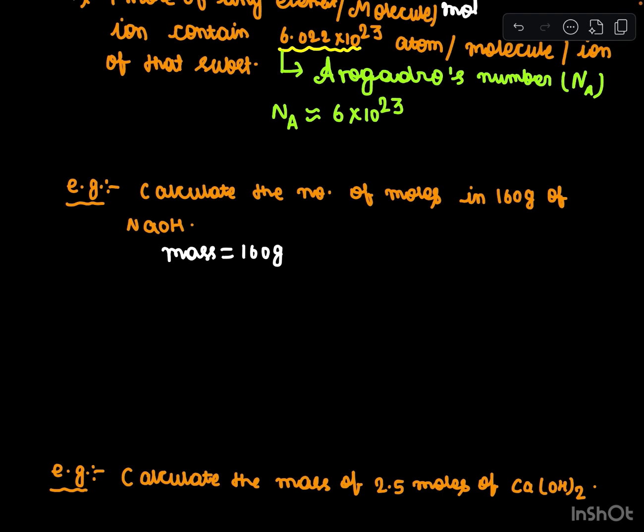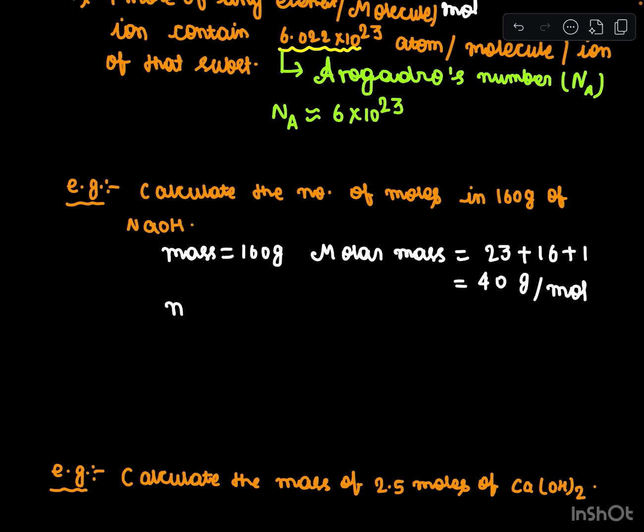What is the molar mass of NaOH? Molar mass is equal to sodium, whose atomic mass is 23, plus oxygen, whose atomic mass is 16, plus hydrogen, whose atomic mass is 1. On calculating, we get 23 plus 17, which is equal to 40 gram per mole.